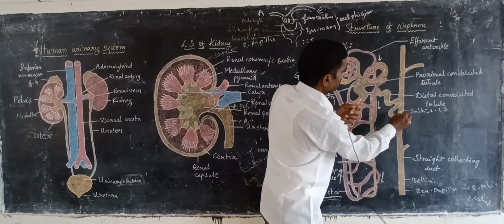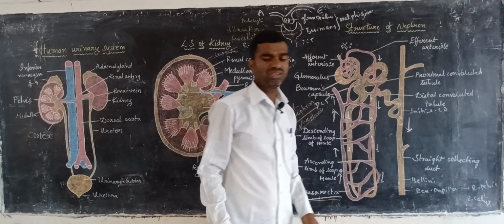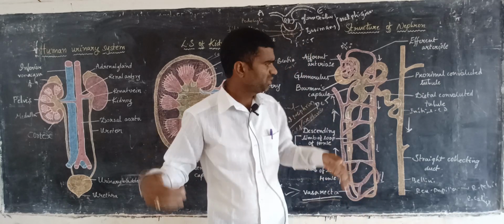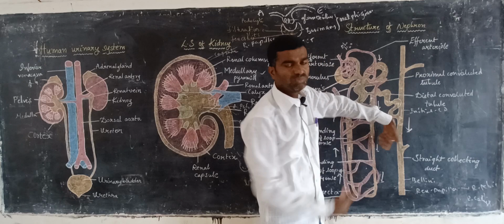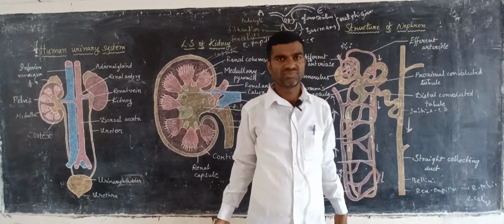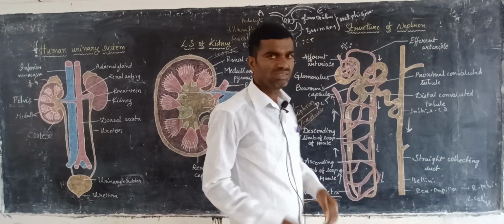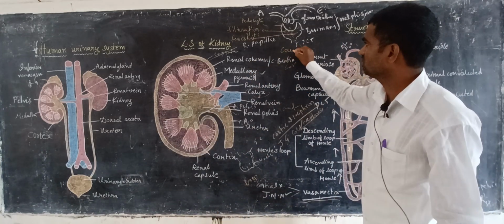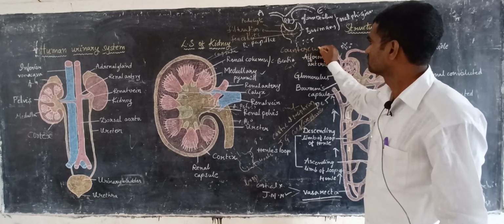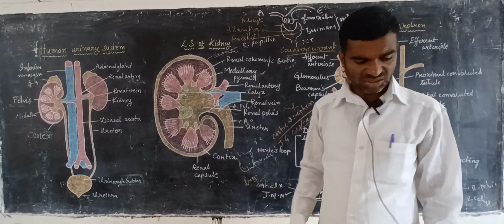See here, both are in anti-parallel directions. The blood is coming in one direction, the urine is going in the other direction. Both are anti-parallel. So this mechanism is called the counter current mechanism.